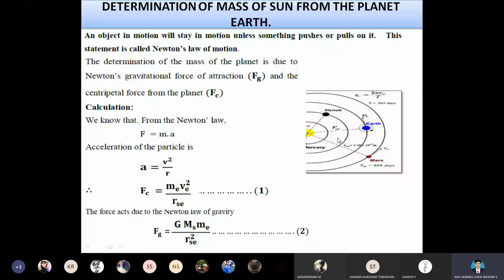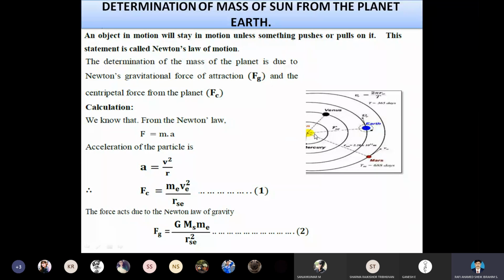See, the r square is measured, for example, if we consider the sun and the earth. We know the distance from the earth to the sun is r, from the orbital point to the surface of the sun.